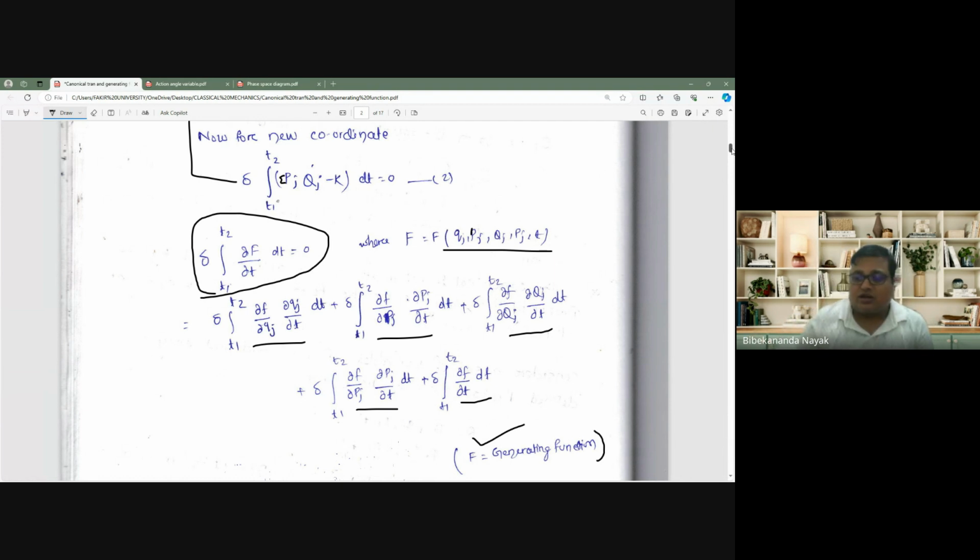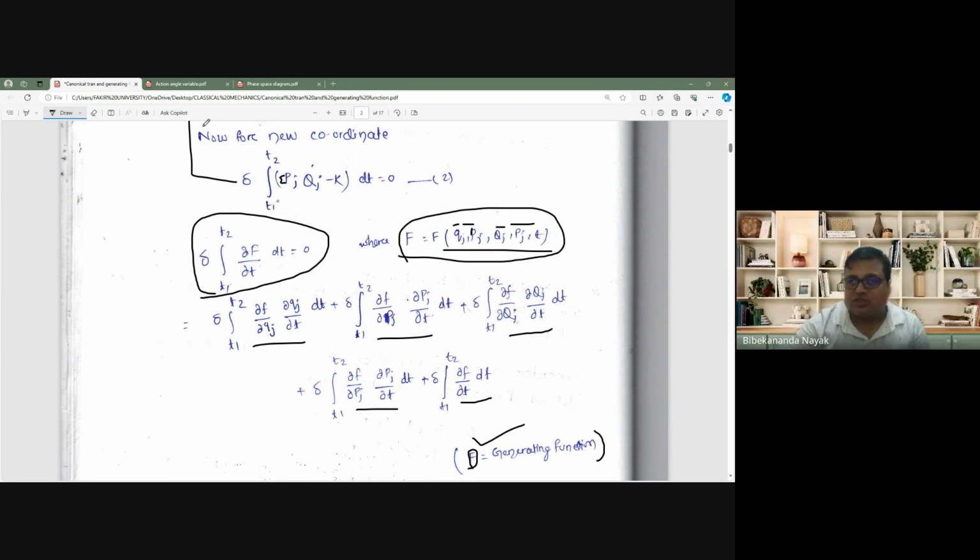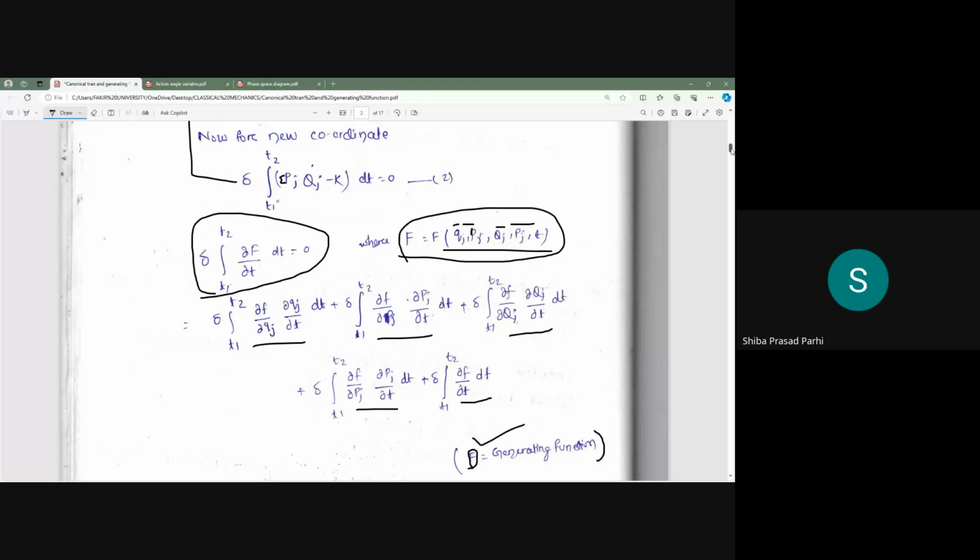A particular term is called the characteristic function; we will discuss that later. Generating function here means from this f all kinds of transformations are generated. It contains all forms. f is a function of all parameters, old parameters and new parameters, and time. The characteristic function we will discuss in the next section.